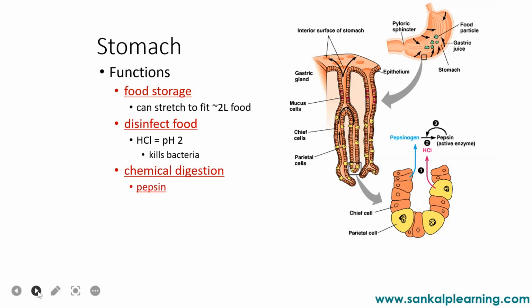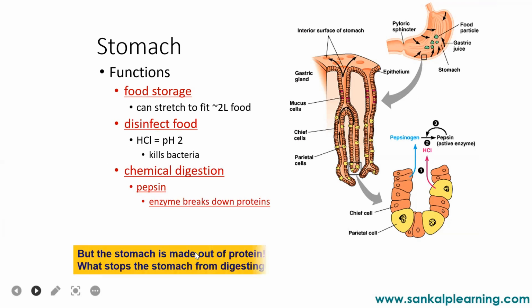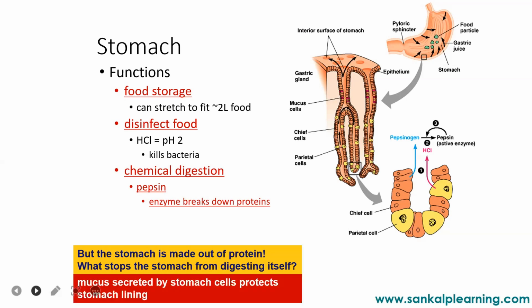So we have an enzyme called as pepsin, which breaks down the proteins, but the stomach is made out of protein. What stops the stomach from digesting itself? Okay, so here very nice, this one. So pepsin is present in the stomach.